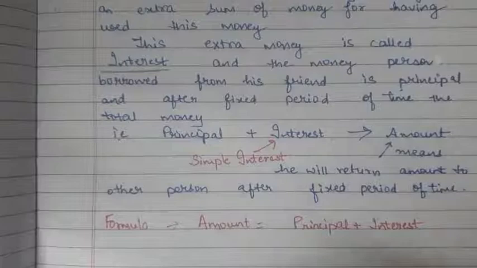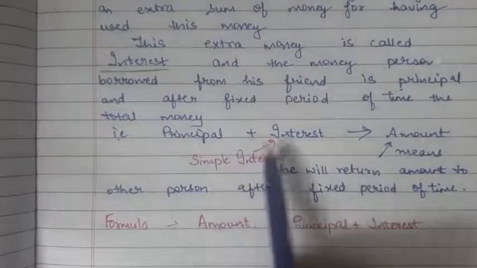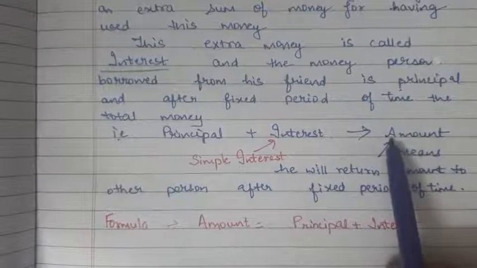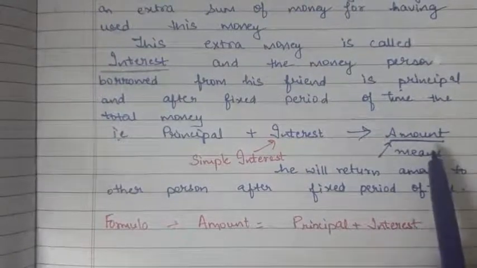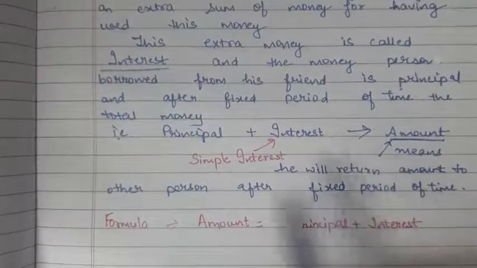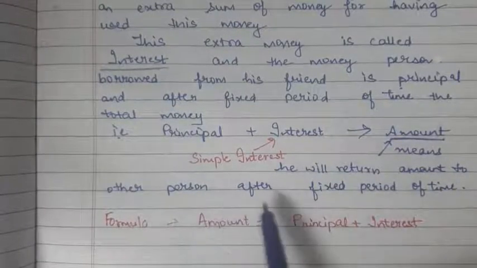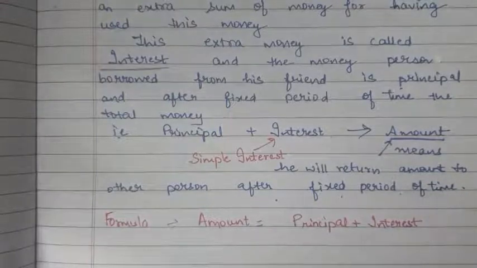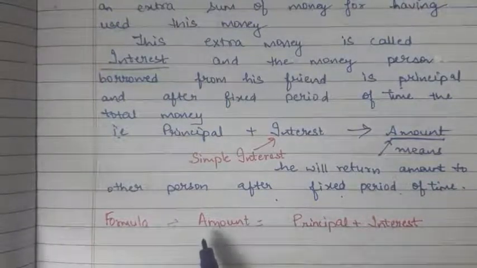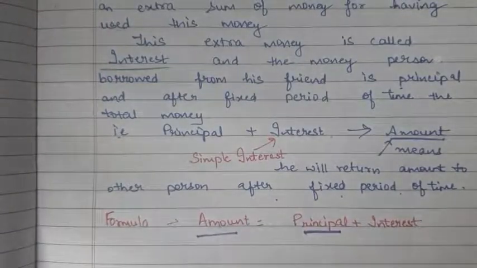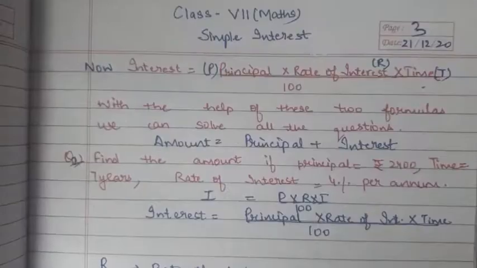So, principal plus interest, that is called amount. He will return the amount to the other person after a fixed period of time. So the formula for amount is principal plus interest.